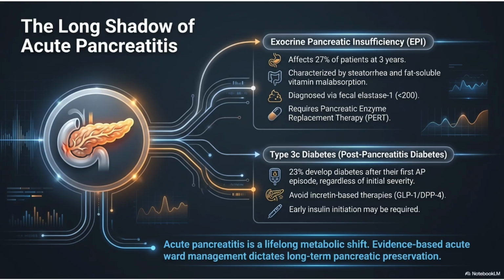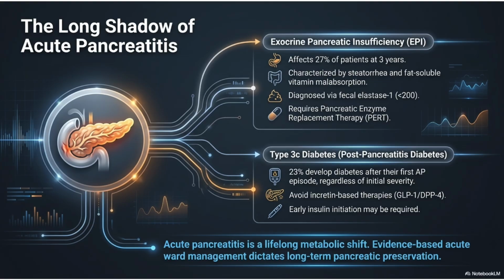This is mainly fat-soluble vitamin loss and, in general, inability to reabsorb fat. So you're going to have steatorrhea, fatty stools, and fat-soluble vitamin deficiency. They can also lead to osteoporosis in future. So fecal elastase 1 less than 200 is diagnostic for that, and you will need to provide them with pancreatic replacement therapy. So you need pancreatic enzymes for them.